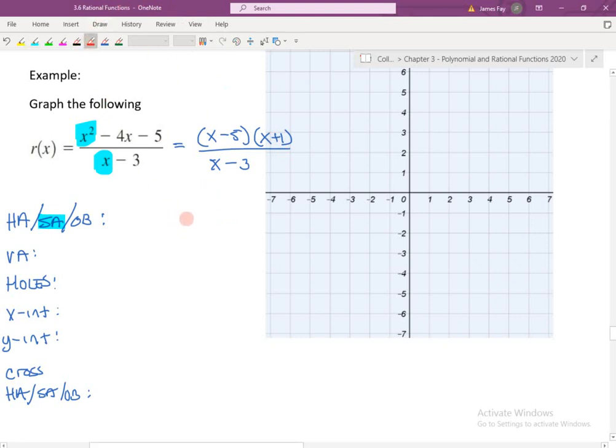So I'm going to take x squared minus 4x minus 5 and divide by x minus 3. Okay. Some of you that are in tune to what we've been doing might say, why don't we use synthetic division?